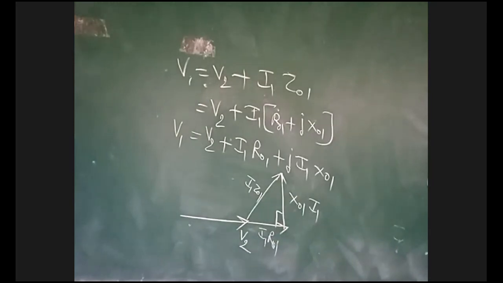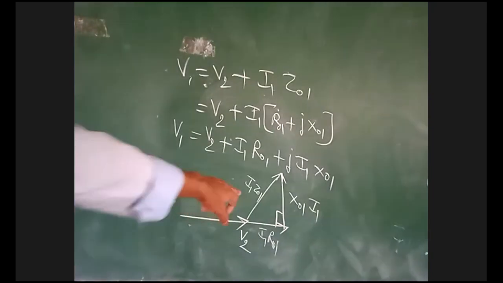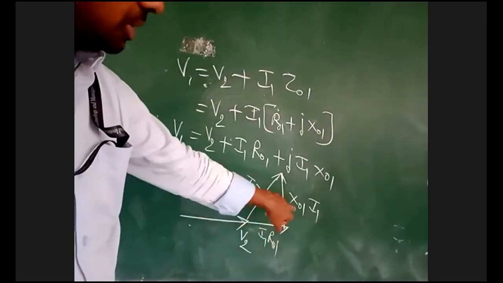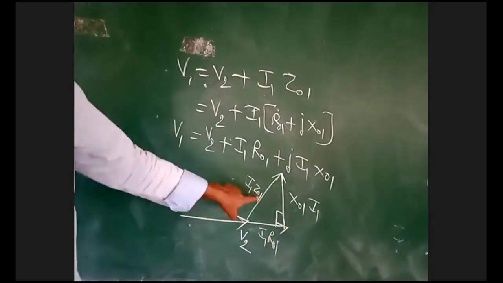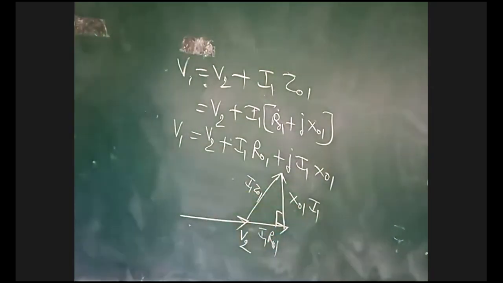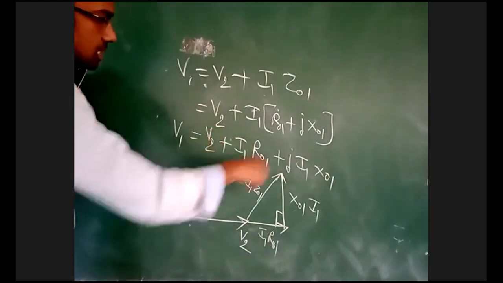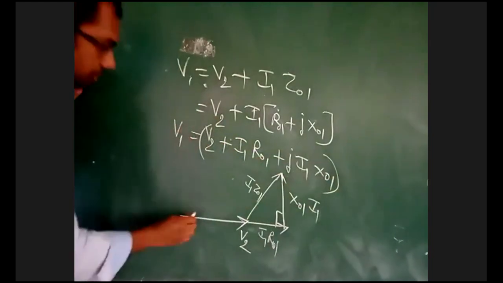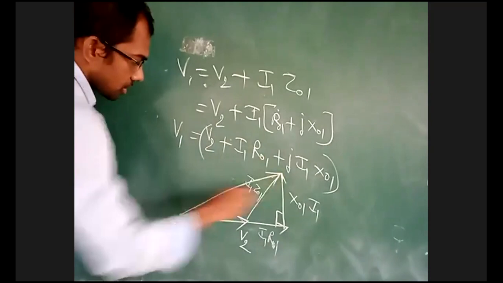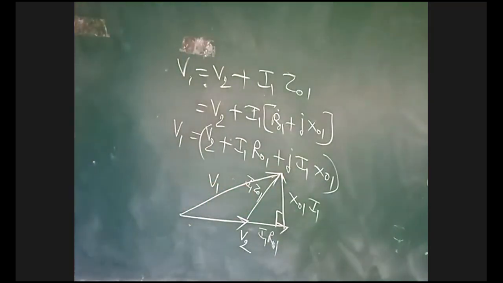Is it clear up to here? Is this phasor diagram clear up to here? What is Z01? Z01 is equal to R01 plus J into X01. Now the sum of all of these is equal to V1.